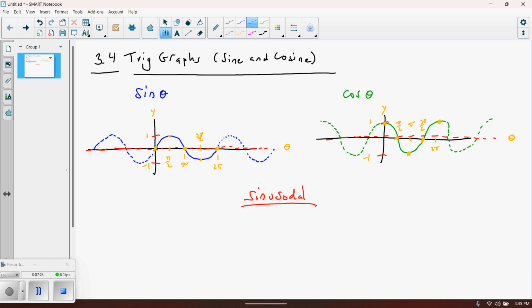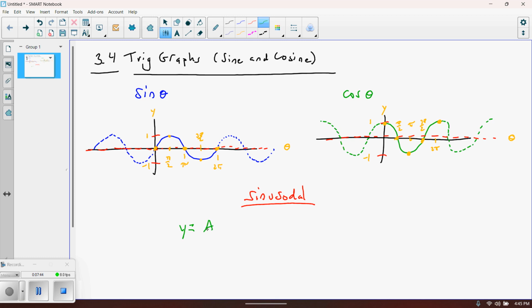Now, your book uses some slightly different notation than I'm used to, and I will try my best to use the notation in there, but each one of these graphs follows this idea.